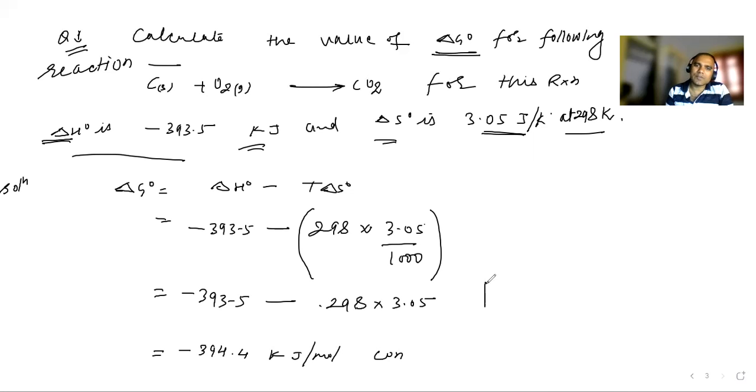But they are asking whether the process is spontaneous or non-spontaneous. What will you say? The negative value is coming. The process is spontaneous because delta G is negative. Thank you very much. So spontaneous means thermodynamically feasible, a spontaneous process.